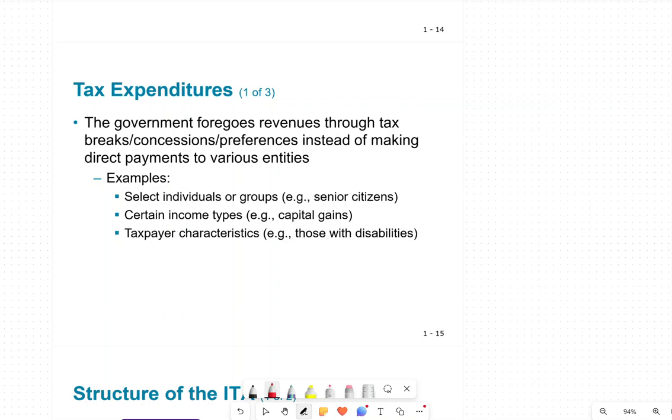Now, the tax expenditures. Expenditures are the expenses. The government forgoes revenue through tax breaks, concessions and preferences instead of making direct payments to the select entities. Examples include select individuals or groups, such as senior citizens; certain income, such as capital gains; and taxpayer characteristics, such as people with a disability.